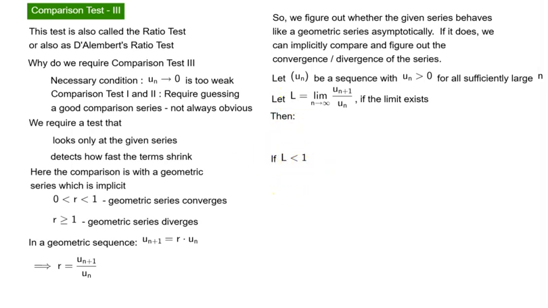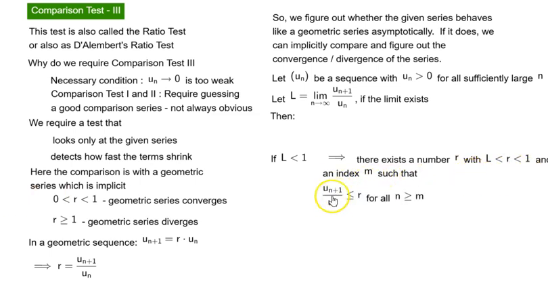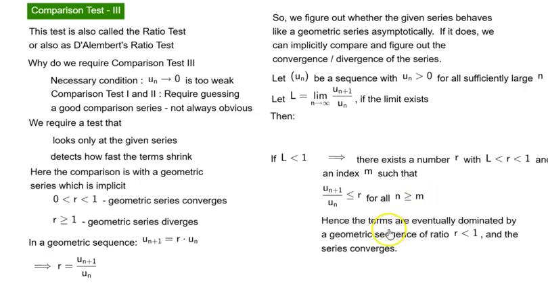If L is less than 1, there exists a number R between the limit and 1 and an index M such that u sub n plus 1 by u sub n, the ratio of successive terms, is less than or equal to R for all n greater than or equal to M. Since the terms are eventually dominated by a geometric sequence of ratio R less than 1, the series converges. So if the limit of this ratio is less than 1, the series converges.